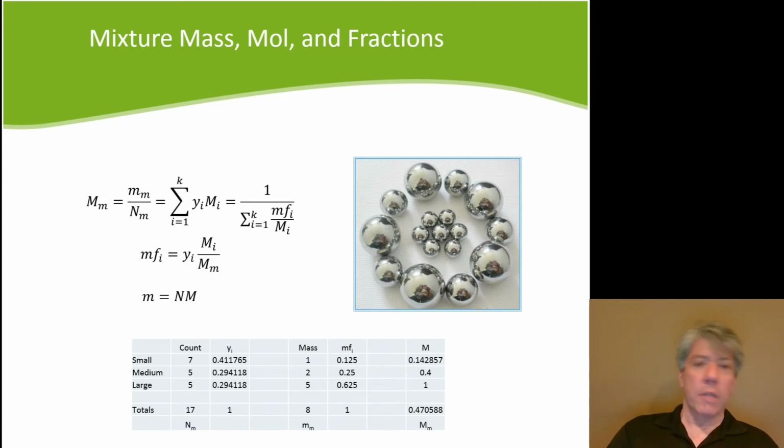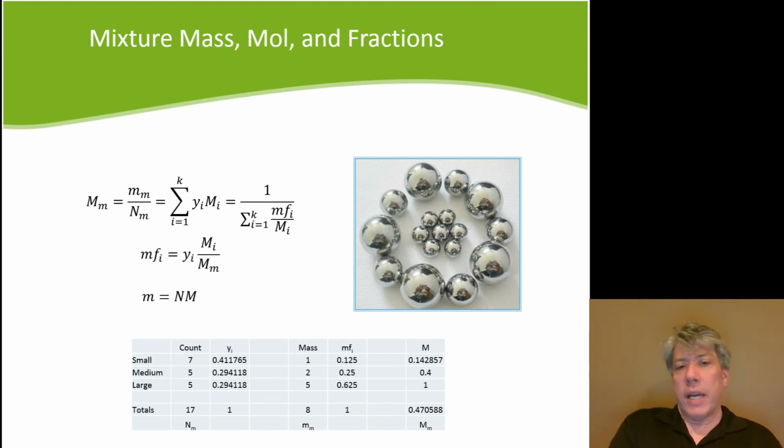Now, here's what always confused me in chemistry. It doesn't matter what gas you take. It can be oxygen, it can be carbon dioxide, it can be whatever you want it to be. If you take the mass and divide it by the molecular weight, you will always get the same number of moles. And that just confused me like crazy.